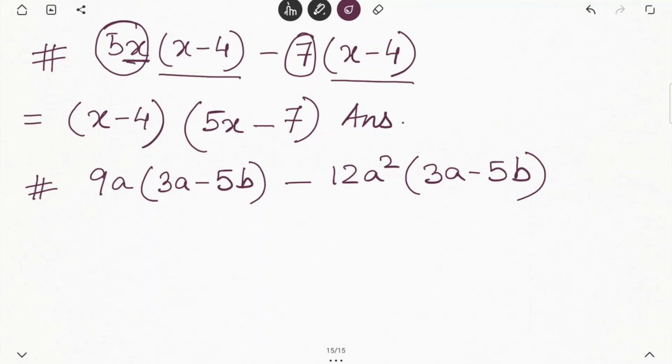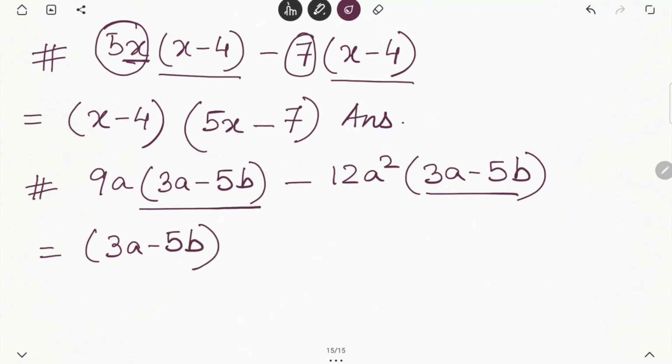So here in this expression I can easily say that 3a minus 5b is common in both the terms. So let me take out 3a minus 5b. After taking out 3a minus 5b, from the first term I am left with 9a. From the second term I am left with 12a square.